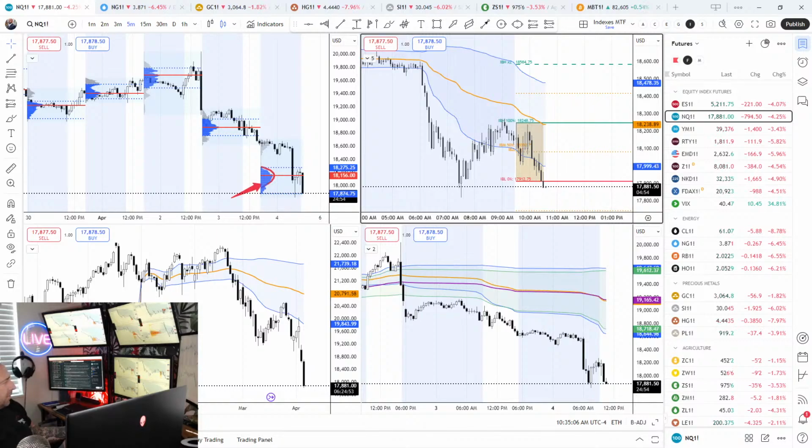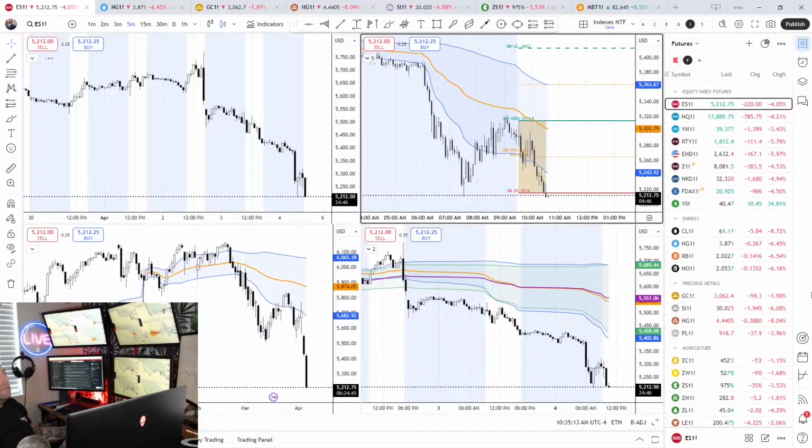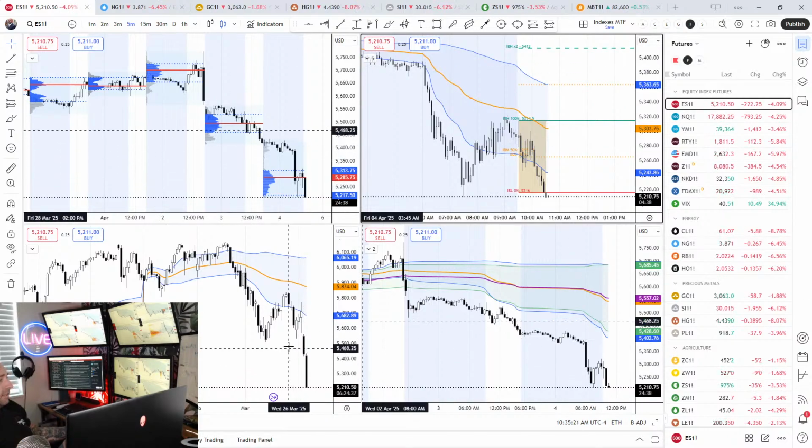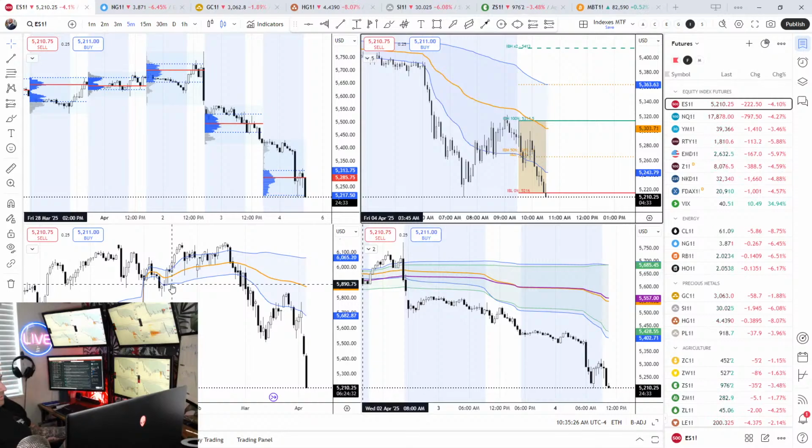ES is at the pre-market lows right here as we speak. Look at these candles on the daily. It's starting to look like capitulation. Nice, good morning.